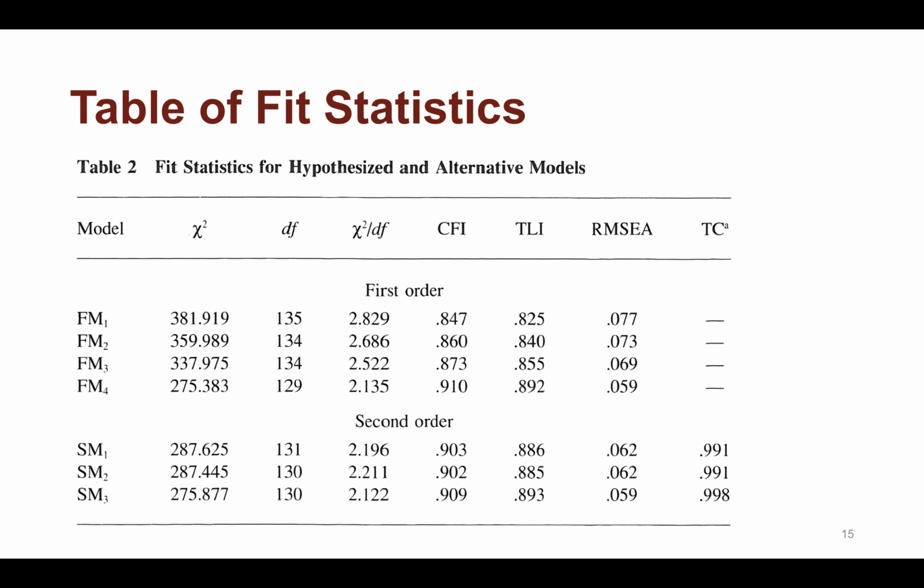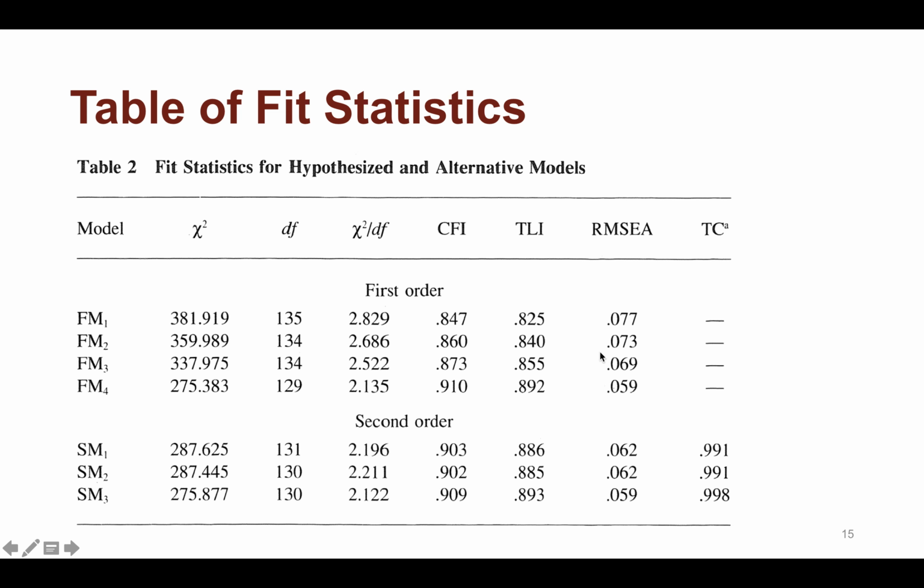Here's a table of fit statistics. I'm not sure specifically what it's referring to, but again, just to give you an idea of what you might see in one of these articles. So you have the chi-square value, and you have some of the indices that I talked about that you'd like to be as close to 1 as you can. So ideally these would be higher. And you want RMSEA to be as low as possible.